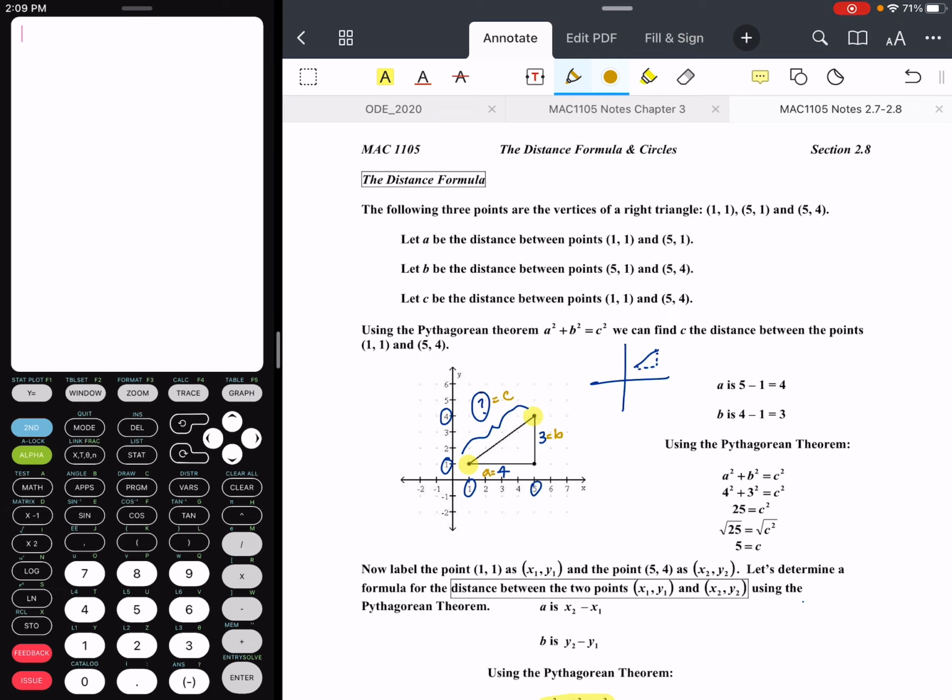So because we know a is 4, because we know b is 3, we can say 4 squared plus 3 squared equals c squared. So that's 16 plus 9 on the left-hand side, which gives me 25 equals c squared. Take the square root of both sides, and we end up with 5 equals c. Okay, so we use the Pythagorean theorem to find that distance.